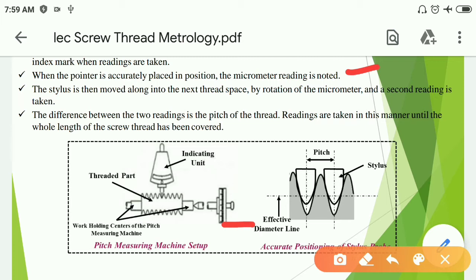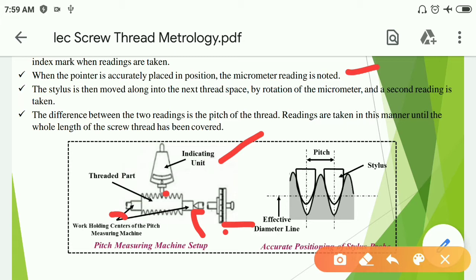Here the micrometer is there, here work holders are there, here the indicating unit is there, and here the stylus is there. So while taking the reading, the stylus will touch into the pitch and the reading is noted down, and for taking the next reading the micrometer is rotated and the next reading is taken.